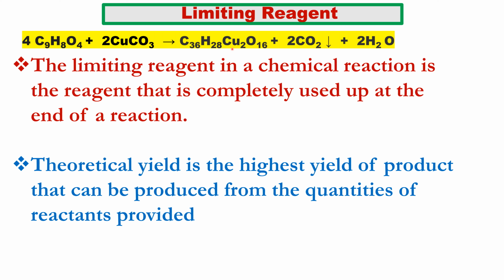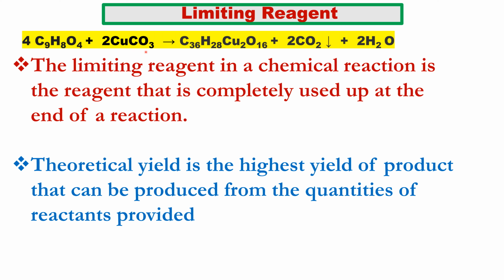So, the limiting reagent in any chemical reaction is the reagent that is totally consumed at the end of a reaction. So for this reaction, at the end of this chemical reaction, the whole of copper-2 carbonate must be totally consumed because it is the limiting reagent.